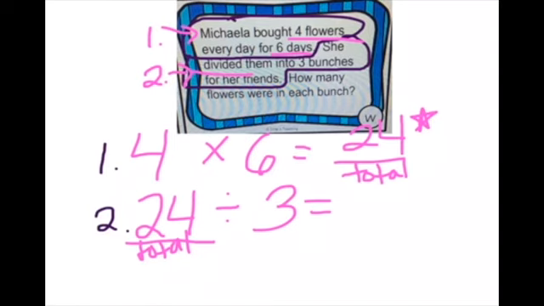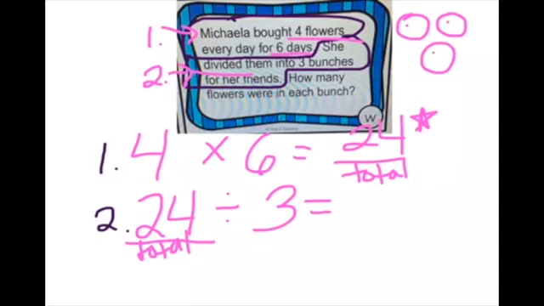So 24 was our total, and I know I have 3. So if I wanted to do equal groups, I could do 3 groups, right? And then I'm going to divide 24. So I'm going to do some equal sharing.